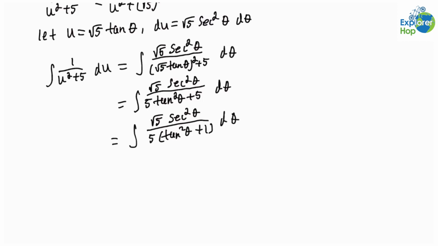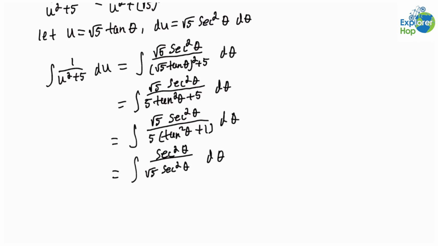And using our knowledge of trig identities, in particular the Pythagorean identity, tan squared theta plus 1 is equal to secant squared theta. So this is equal to the integral of root 5 times secant squared theta over 5 times secant squared theta d theta.